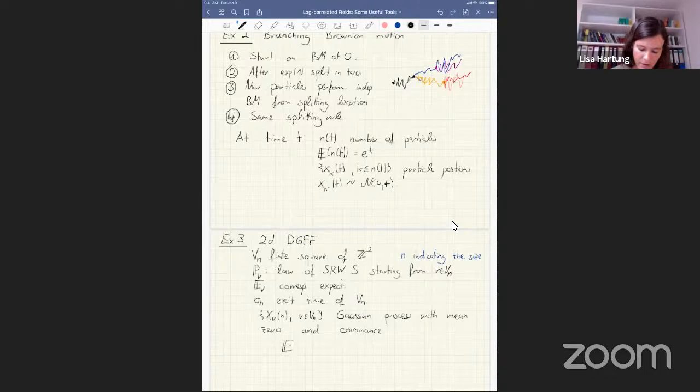The expectation of x_v times x_v' should be exactly given by the Green's function. So the expected value, when starting in v, of the number of visits to v' of the simple random walk before exiting my box.